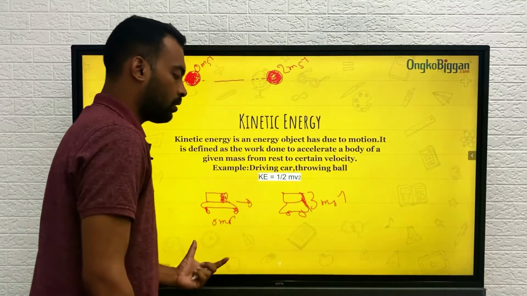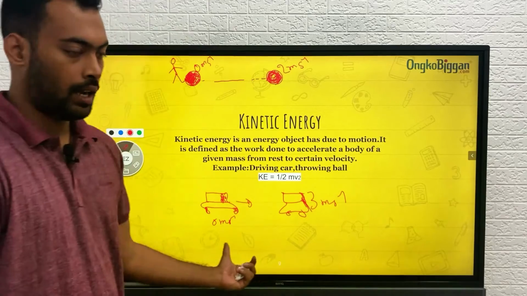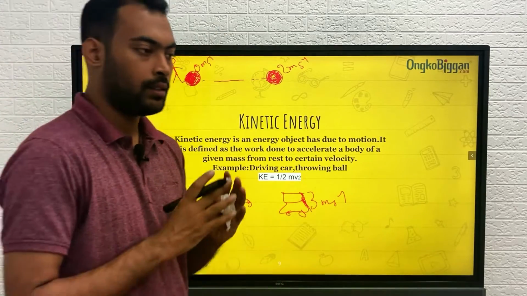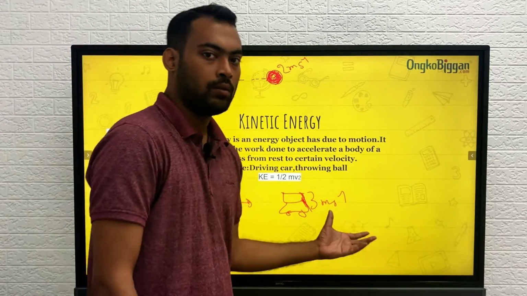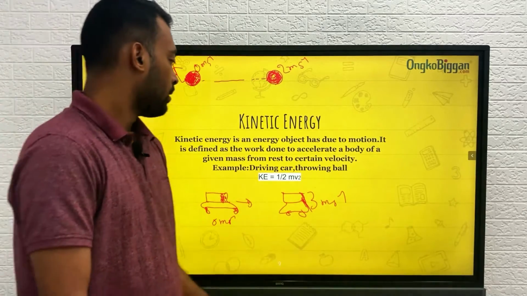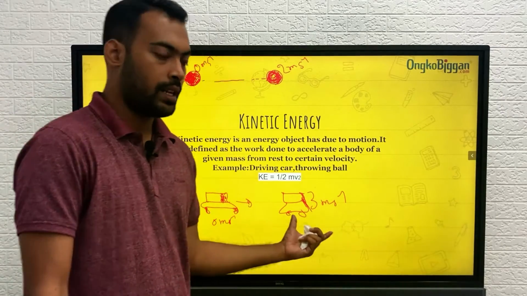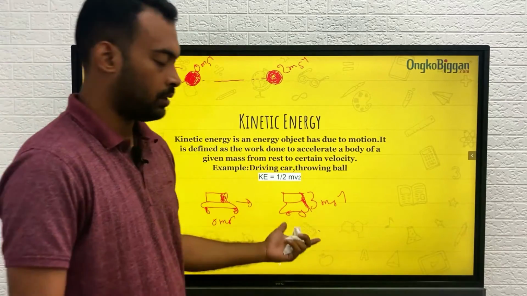So from rest to motion, you have to apply some force on the car. That force times displacement is a certain work done. That work done is equal to the kinetic energy. So the body needed some kinetic energy in order to get into motion.